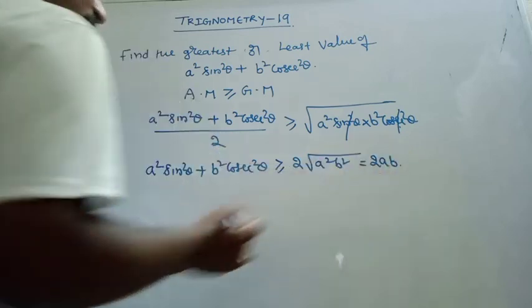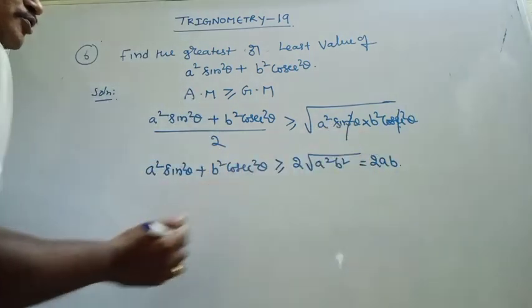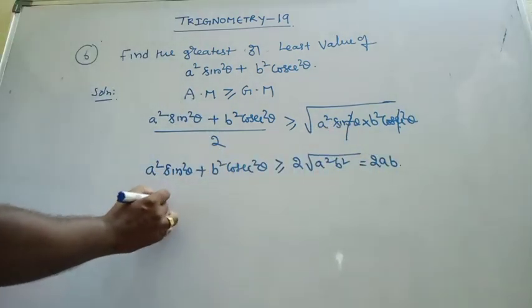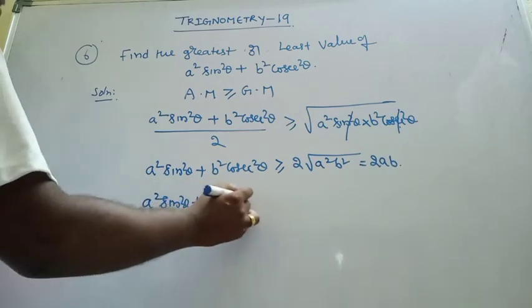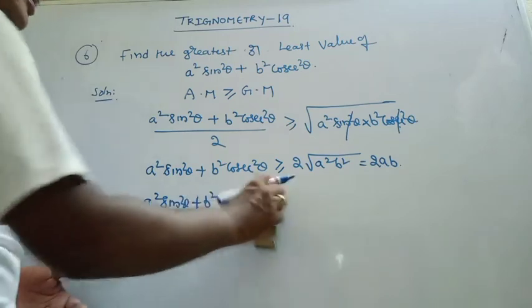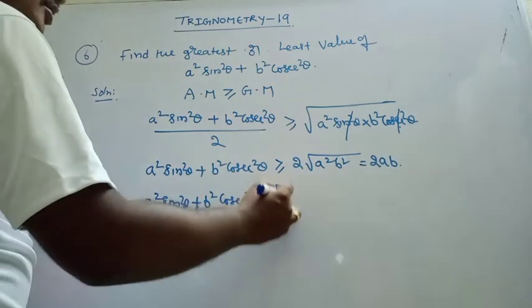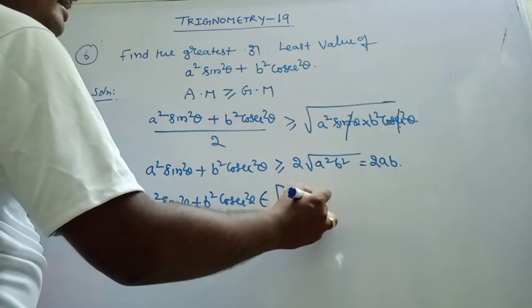That means a square sine square theta plus b square cosecant square theta belongs to the closed interval 2ab comma infinity.